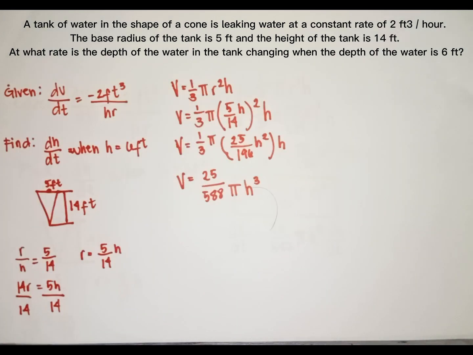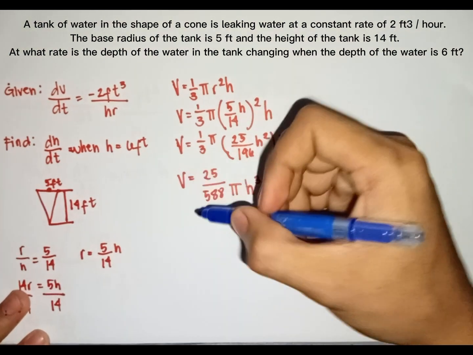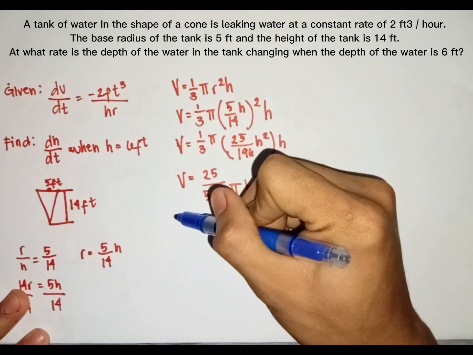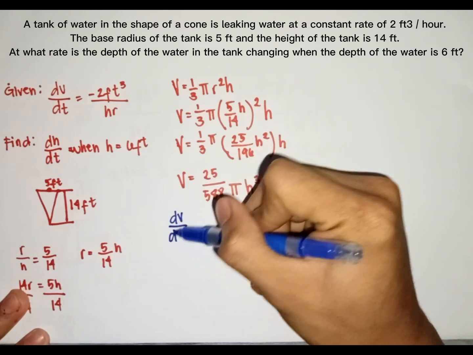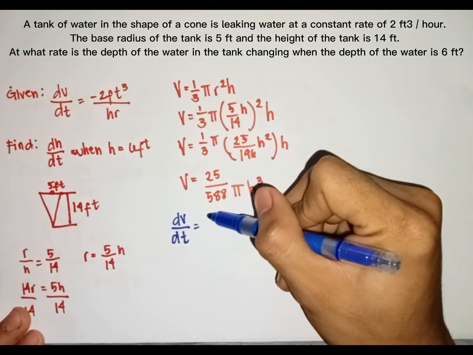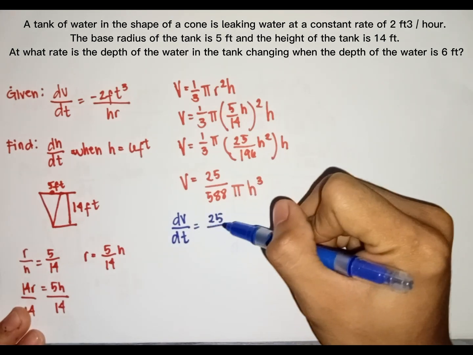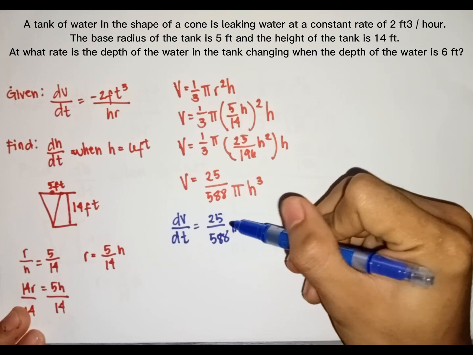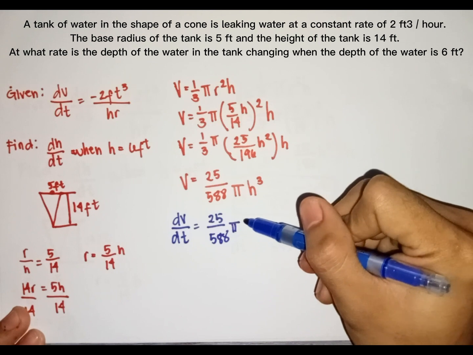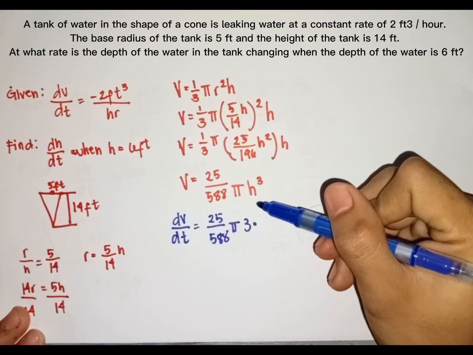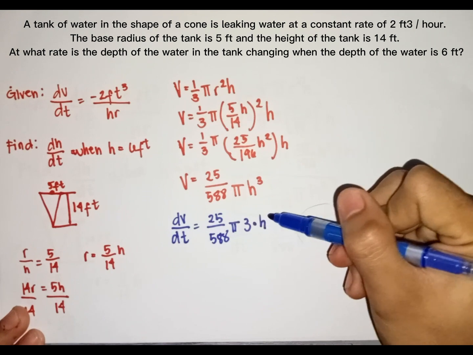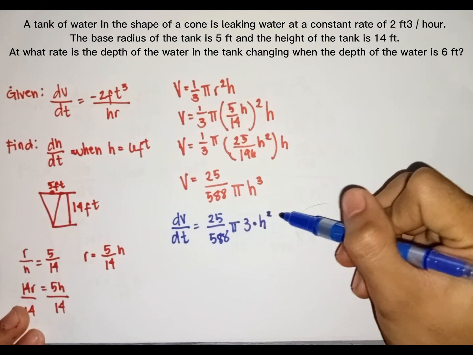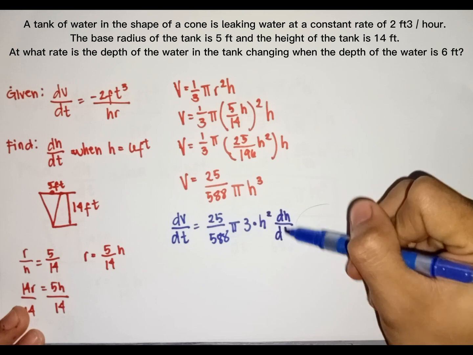At this point, we have simplified the formula and now we can implicitly differentiate with respect to time. So dV over dt is equal to 25 over 588 pi times the derivative of h cubed, which is 3 times h squared times dh over dt.